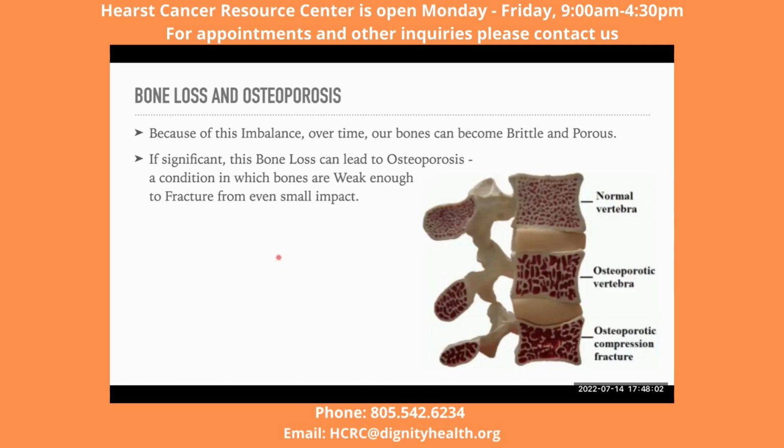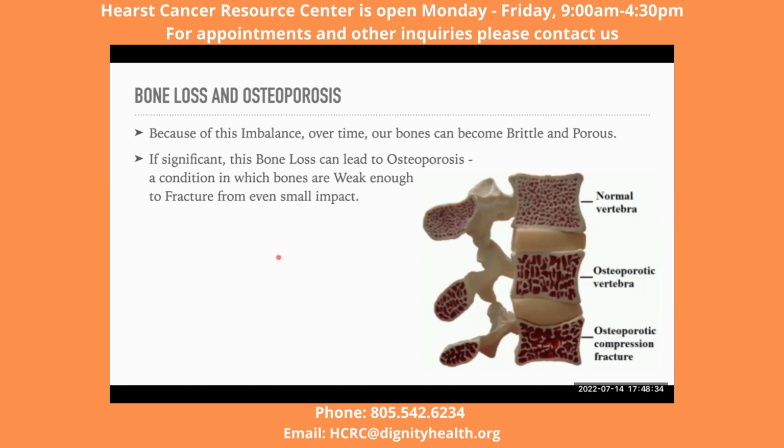And because of the imbalance in the second half of our life, over time, our bones can become brittle and porous. And you can see that this can lead to the development of osteoporosis. In this picture, we can see 3 vertebral bones. The vertebral bone on top shows a normal bone density, where the struts in the trabeculae are thick and adequate, and they can maintain the strength or the hardness of that bone.